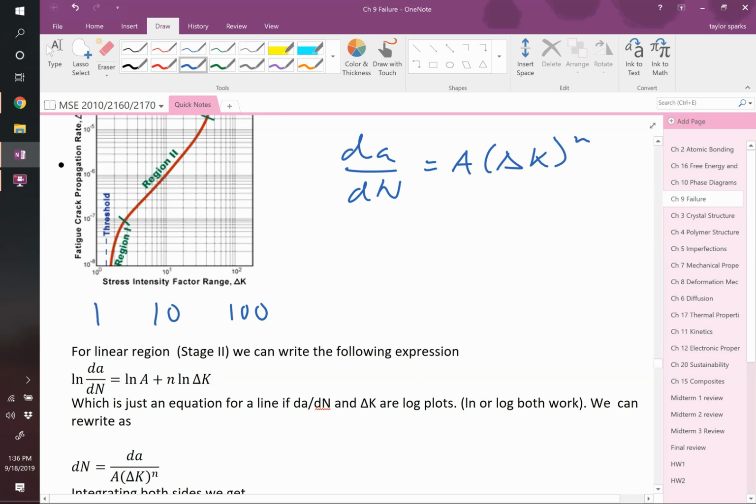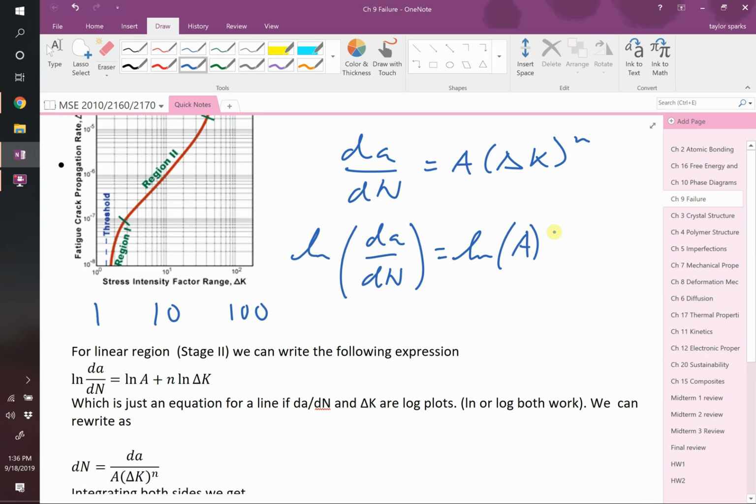If you take the natural log of both sides of that equation, you've got natural log of dA/dN equals natural log of A. And a property of logarithms is that if things are multiplied together, you can add them when you take the natural log. So that becomes plus, and exponents come down and get multiplied: n times natural log of delta K.